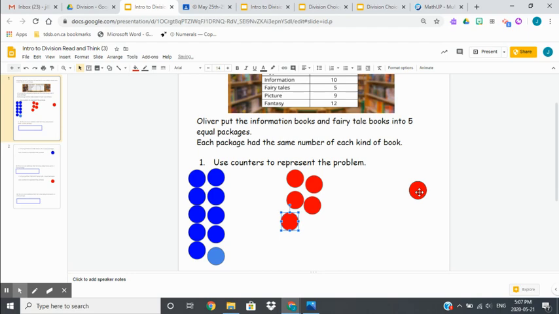Okay, so now I don't want to get confused, so I'm actually going to click on this extra counter that I have here, and I'm going to hit delete. I'm going to do that a couple times because I don't want any extra counters around. Let me see if it will work. But you know what? It's not letting me delete, so I'm just going to move it away because I really don't want it to be in my workspace.